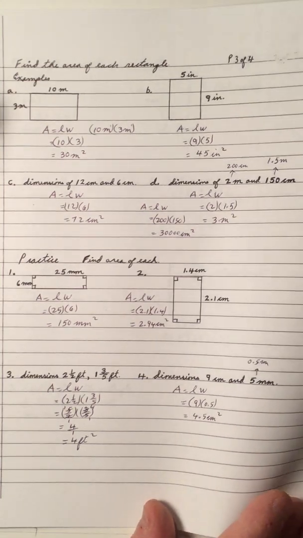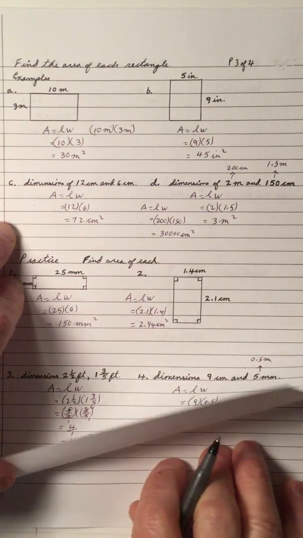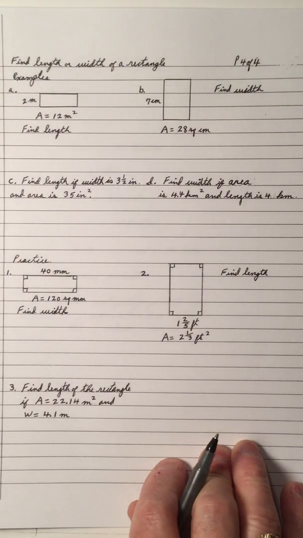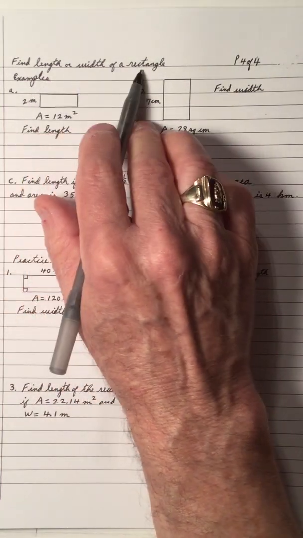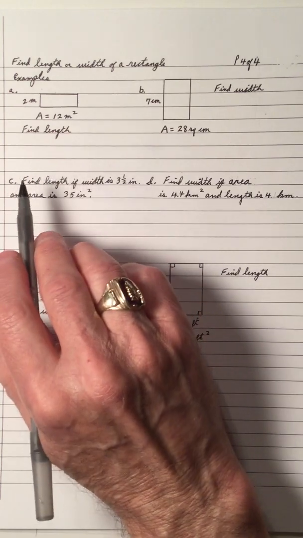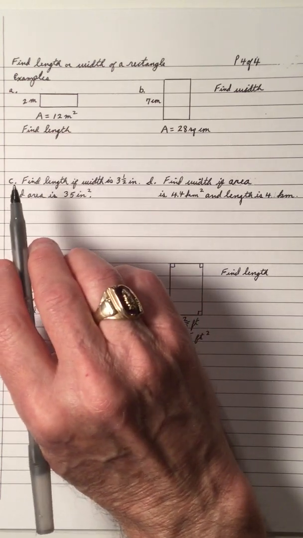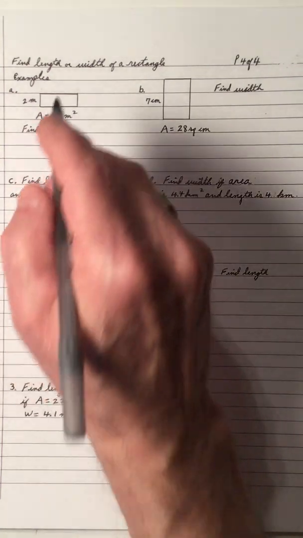So let's continue working out the area of a rectangle. Find the width or the length. That means we're reversing it this time. So if I give you the area and the width, you've got to find the length. If I give you the area and the length, you've got to find the width. So let's do some examples.